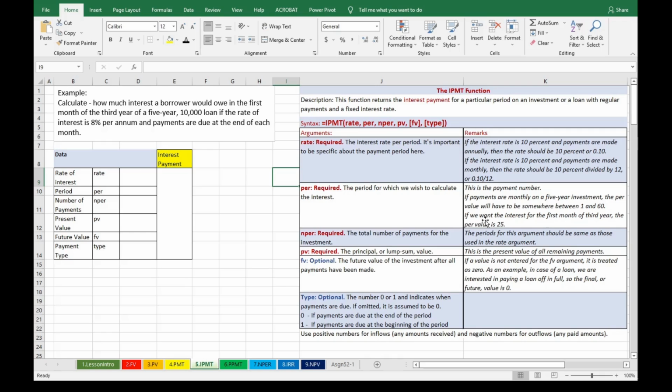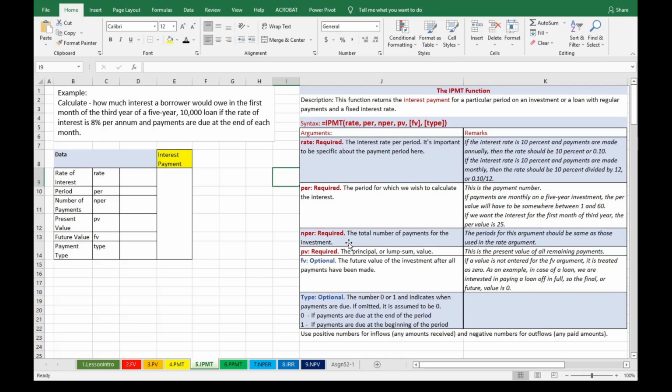Now suppose you want to calculate interest for the first month of the 3rd year, the value will be 25, because the first year is 12 months, the second year is another 12 months, meaning 24 months, and the first month of the 3rd year means 24 plus 1 month, which is 25.